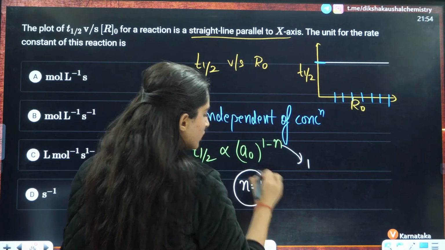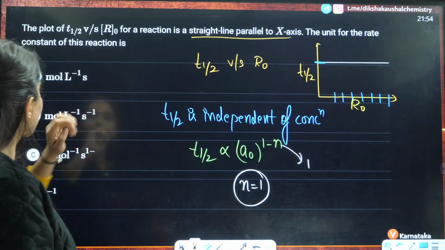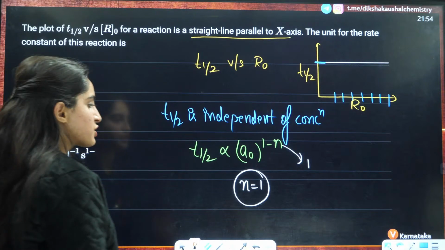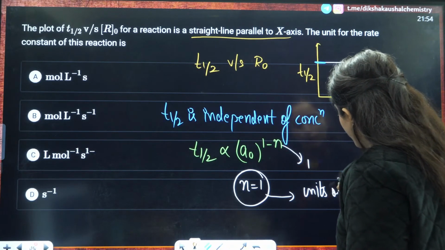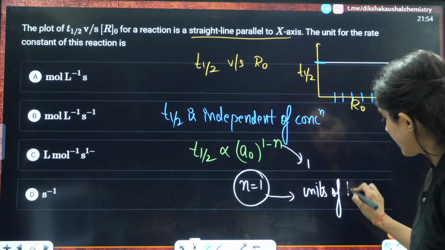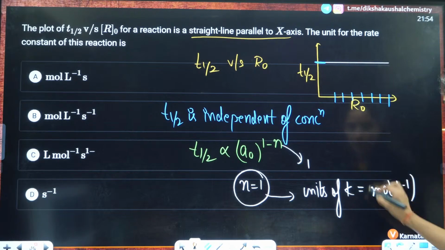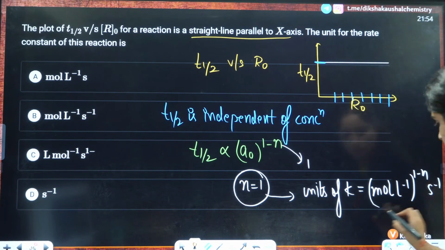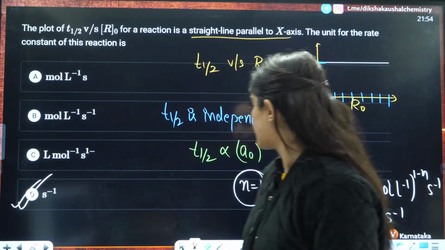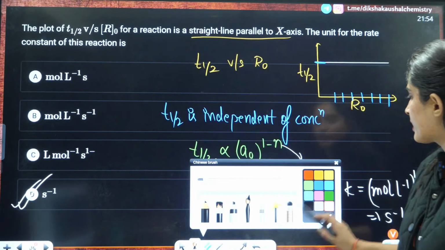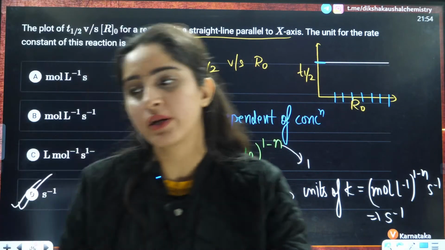For first order reaction only, it is independent of the concentration, right? So for first order reaction, the units of K are generally mole per liter to the power 1 minus N per second. So it will become per second. So D will become the correct answer.